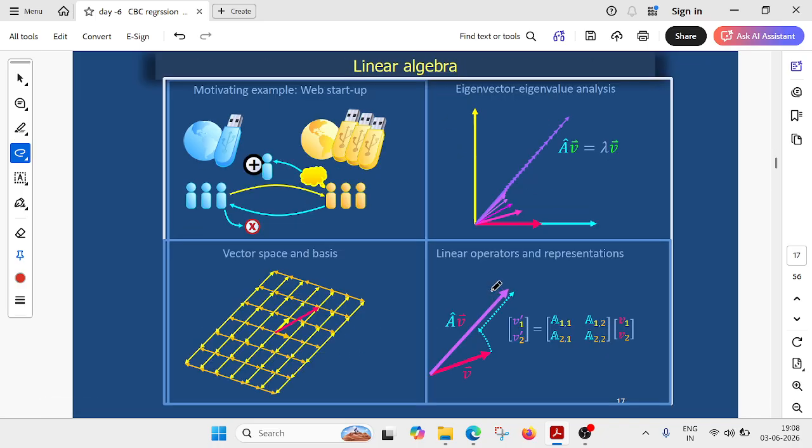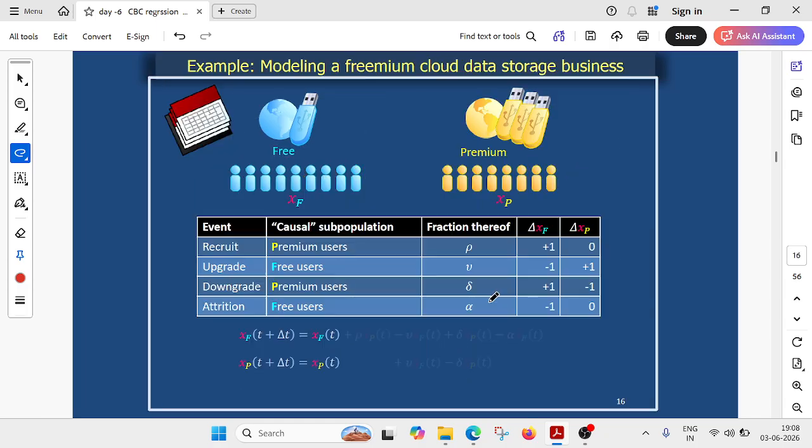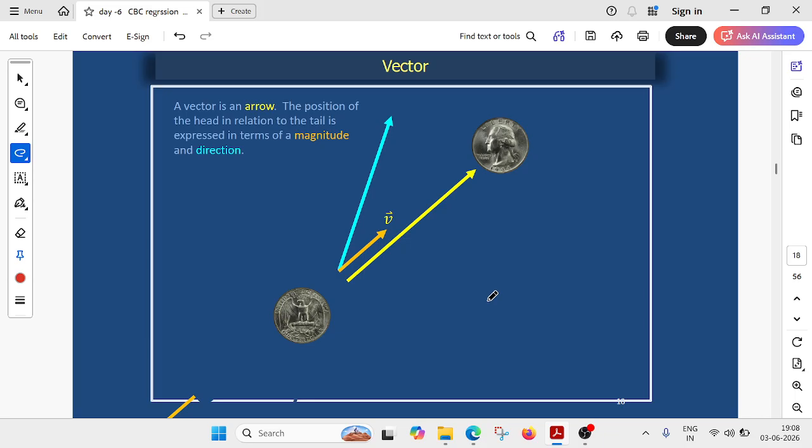Next, linear algebra. Moving on to the next: what is a vector? A vector has direction and magnitude, which everyone knows about. Now we are going to see that a vector is an arrow. The position of the head in relation to the tail is expressed in terms of a magnitude with a direction.